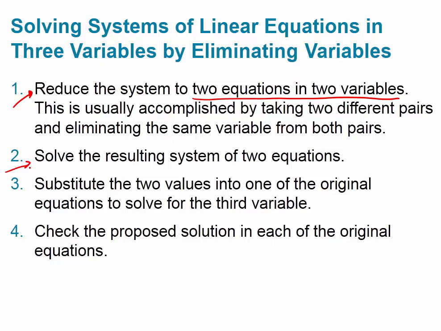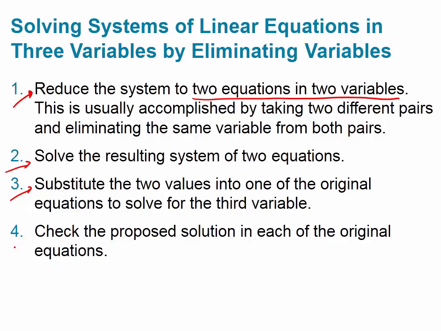Once we get an answer to the two equations, we get two of our variables found, then all we have to do is take those two variables, substitute them back into any one of the original equations with three variables in it to solve for the third variable, and then that will give us our ordered triple.